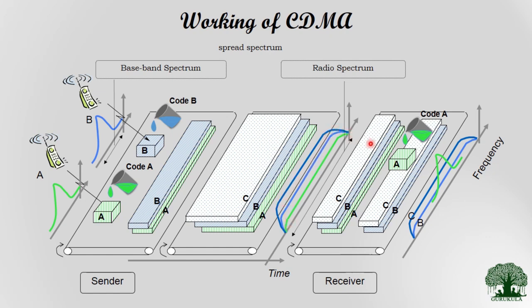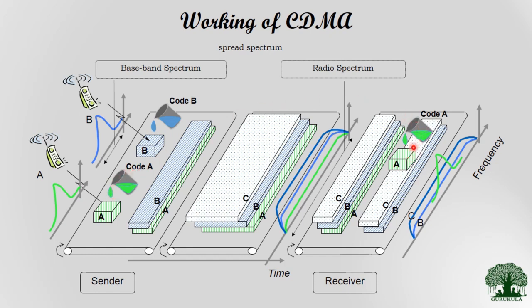At the receiver side, if I wanted to decrypt only the signals of user A, then I should use the same code that I used at the transmitter side. You can observe that at the transmitter side, the green code, that is code A, was used to multiply the signals generated by A. The same code has to be used at the receiver side as well.